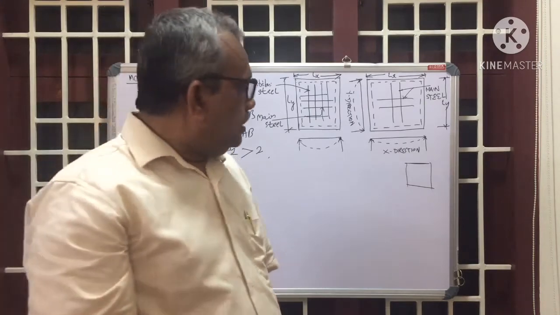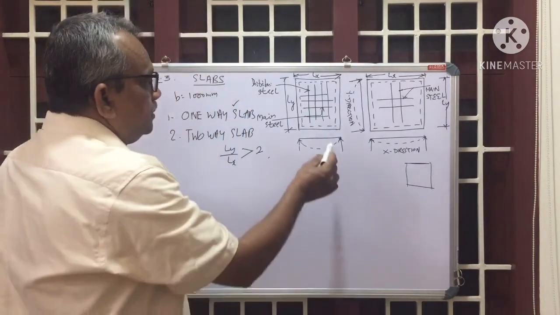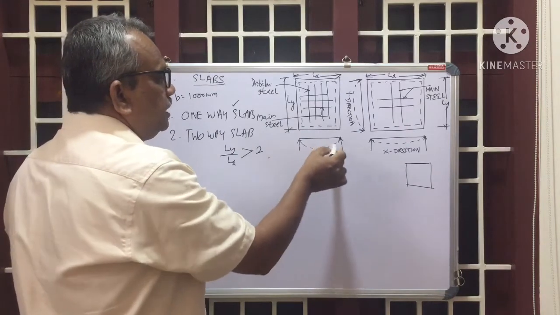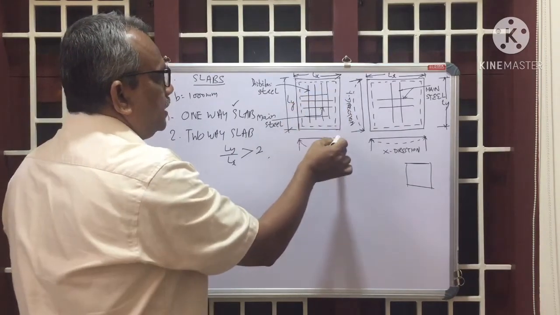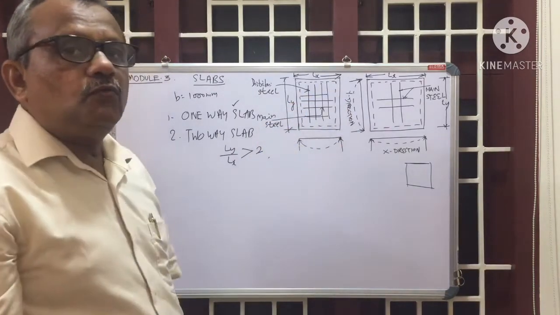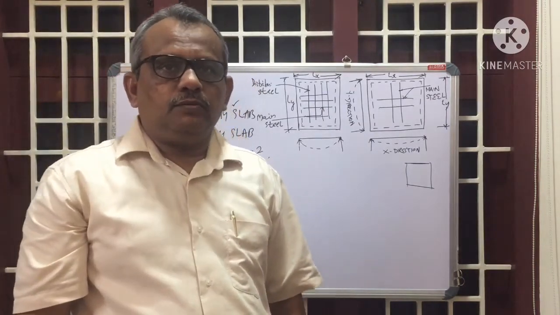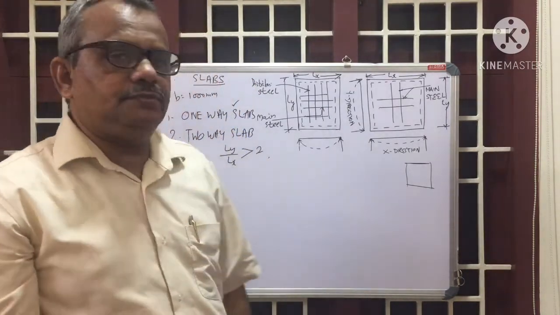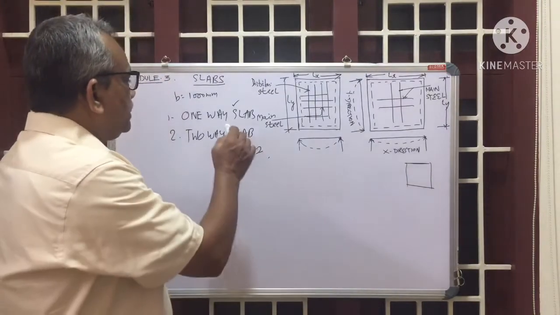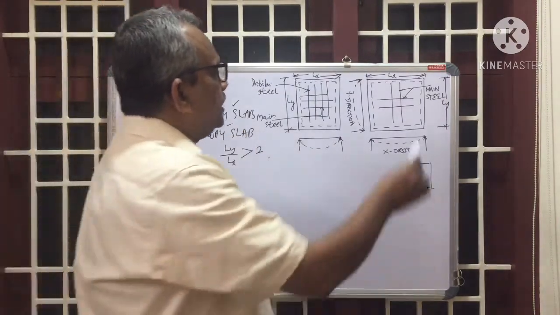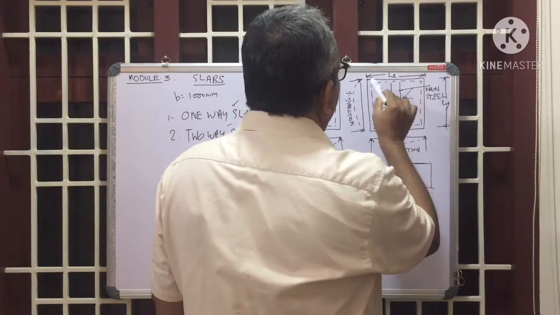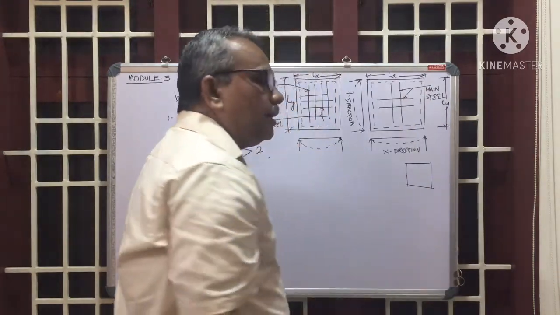Is it clear? Now see here, the curvature of bending will be along the shorter direction like this for a one-way slab. Now take the second case, two-way slabs. What is a two-way slab? See here, Lx and Ly, the dimensions in the X direction and the Y direction.